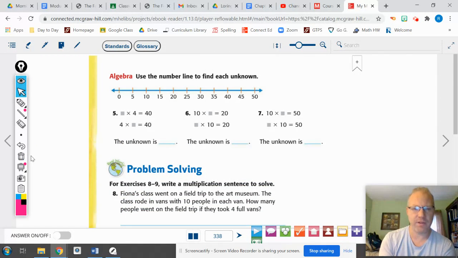Here you're going to use the number line to figure out which ones are missing. So what's the unknown? So we're going to do number 5. The unknown is what? Number 7. The unknown is what? And then you can cross that out.